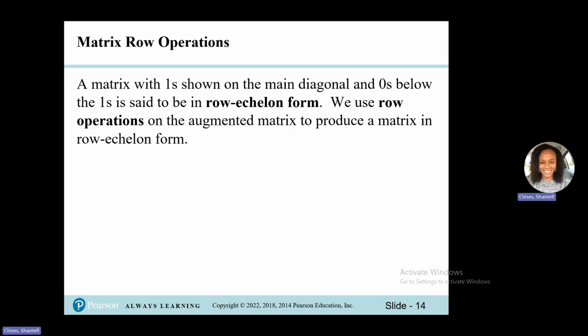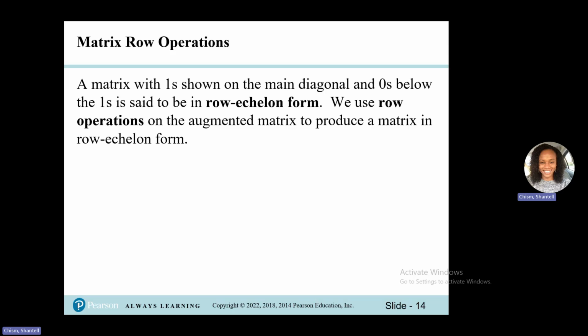It could get a little lengthy. And so you're not asked to do row operations at all in the assignments, but I cannot show you how to use the calculator without explaining where it comes from, okay? So let's just talk about row operations because it's going to lead us into solving systems using matrices.